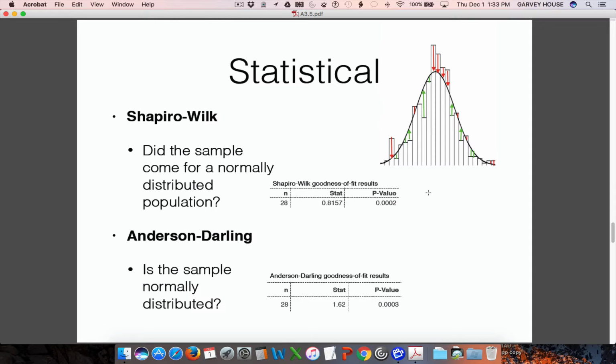And I've indicated the positive deviations in red and the negative deviations in green. And if you sum those up, they're going to sum to 0. And that's why you have to compute the squared deviations about the mean. So you'll hear this phrase, the sum of the squared deviations about the mean.